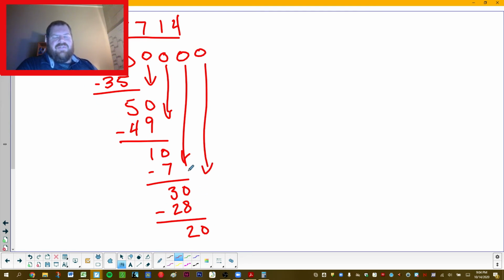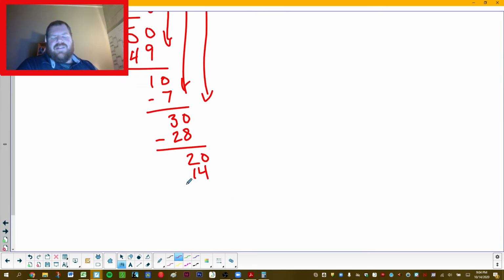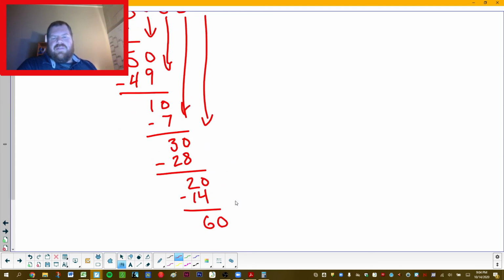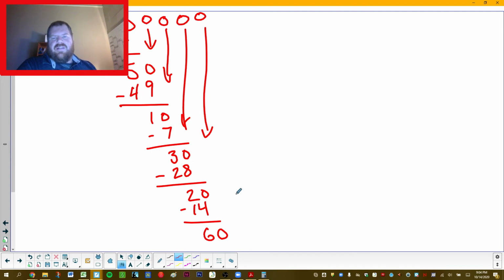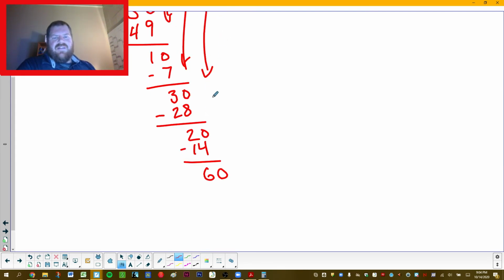How many times does 7 go into 20? It goes into it twice, where 2 times 7 is 14. Subtract, 6. Put a 0. How many times does 7 go into 60? 7 goes into 60 8 times. And that's 56.